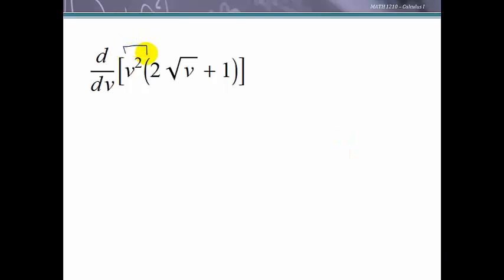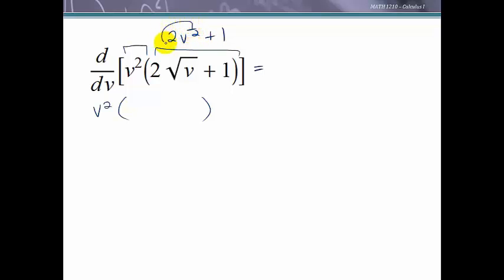Our first function is v squared and our second function is 2 square root of v plus 1. So to compute this derivative, we have the first function multiplied by the derivative of the second function, and computing the derivative of the second function, this is 2v to the 1/2 plus 1, and we know the derivative of the sum, we can differentiate each term.